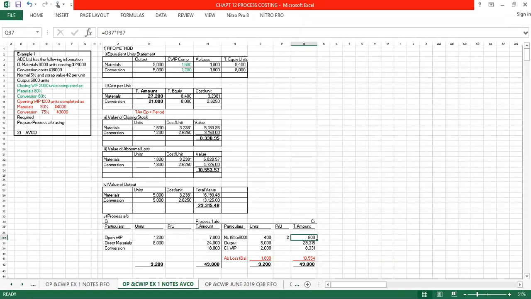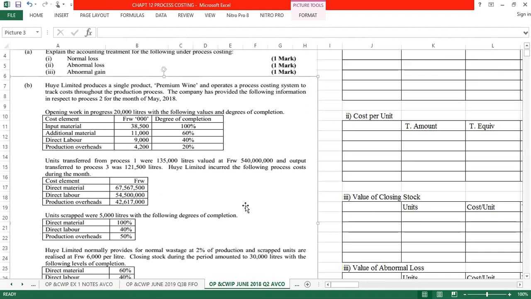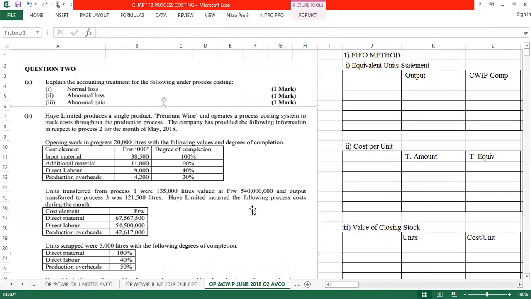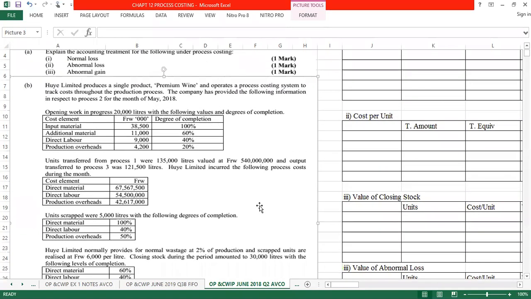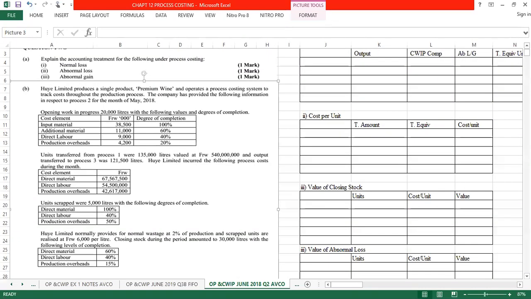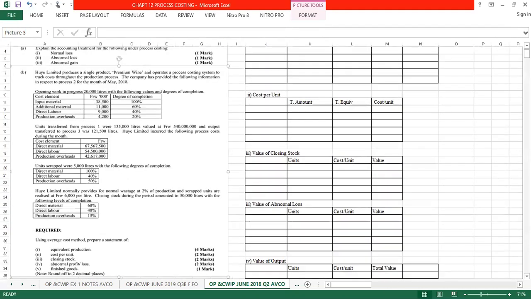So let's go to another past paper question, but I'm choosing a complicated one now. You see in June sittings, remember your June sitting was now changed to April, these are very common questions. So there is a question there. Take your time to read the whole question.